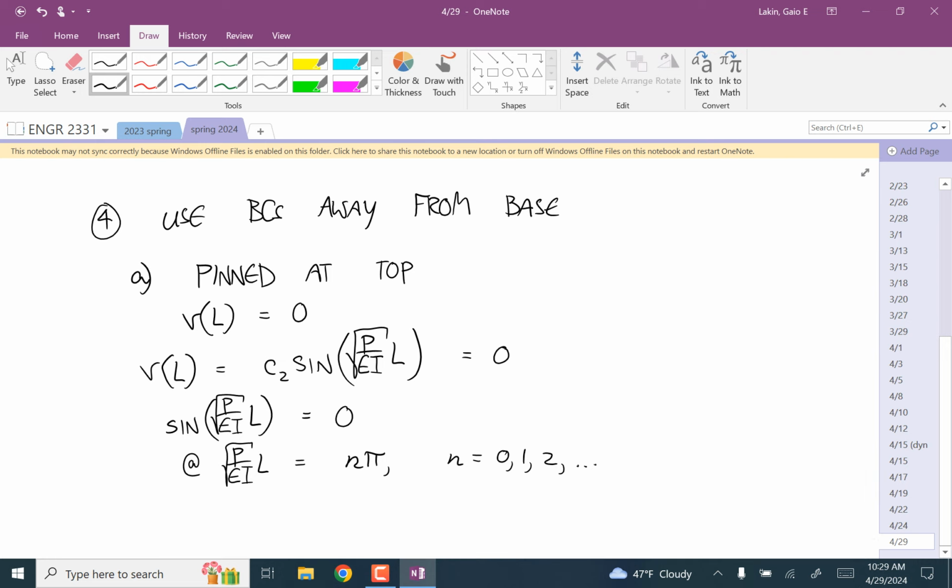If we use n equals 0, we're going to get that the critical P value is 0. That still meets the boundary condition requirement, but that's not a solution that we want. That just means that the thing isn't being loaded at all. So for our critical P value, we want this, the first non-trivial solution.